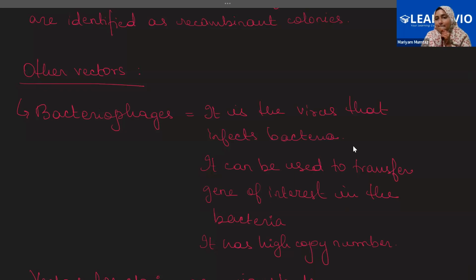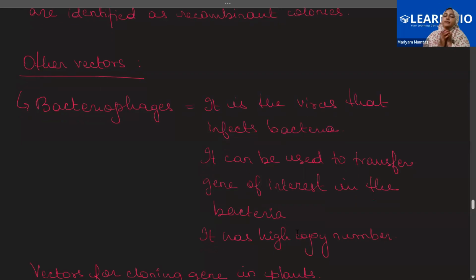Ma'am, can you repeat? I didn't understand. Oh, yeah. Just like how plasmid is used to transfer genes into the host organism, apart from plasmid, which is one of the most common types of vector, there are certain other vectors also. The first one is bacteriophages.